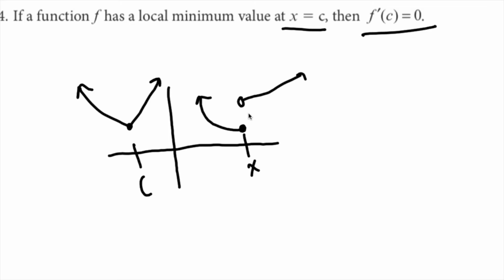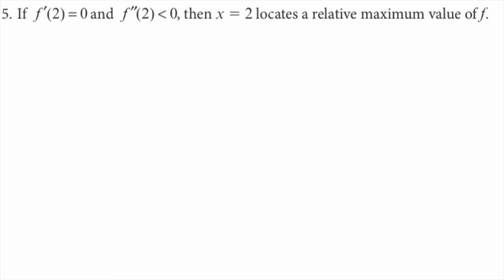But also, the derivative doesn't exist at this x value because the right-hand side and the left-hand side limits don't equal each other. But I think probably the more common answer would be this absolute value function. So this one's false. Sorry, I should be writing that down first. False. All right, number 5.